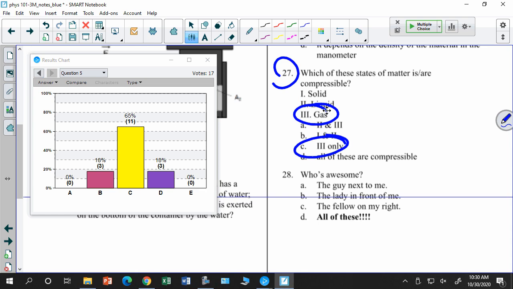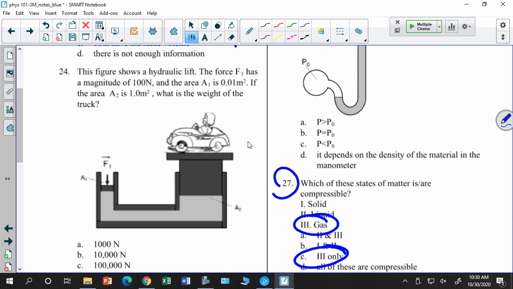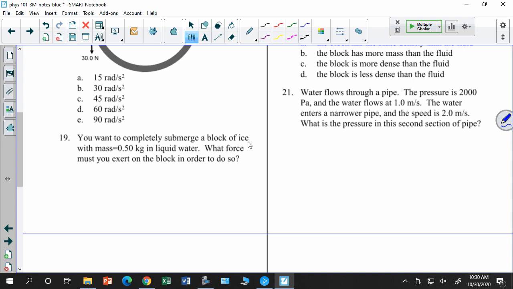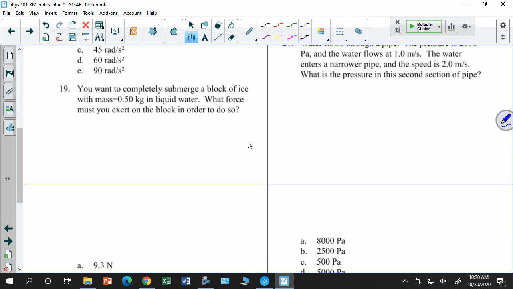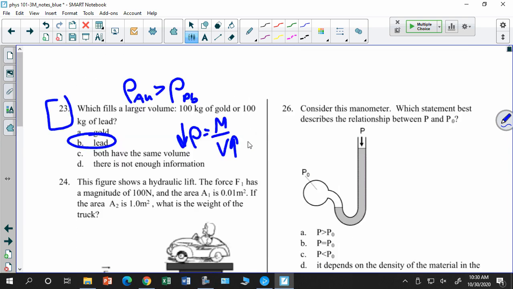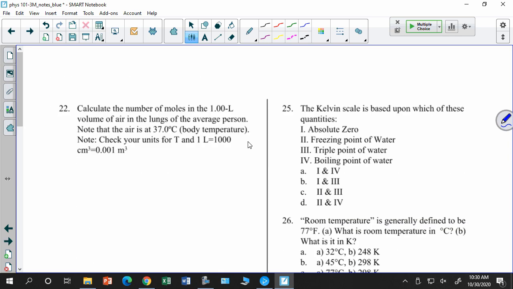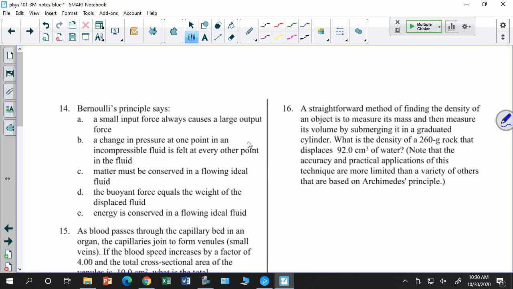Solids are also not compressible. They're like liquids. All right, so C is the right answer. Okay, these are other topics. Let's go down to the next exam, or up to the next exam, fall 17.